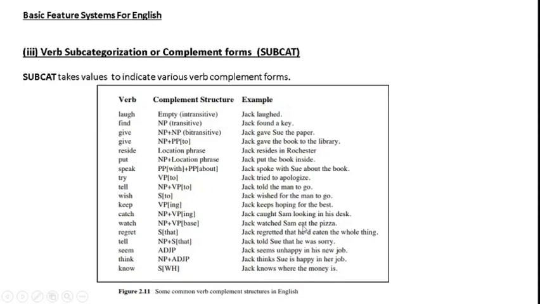After watched, we have a noun phrase Sam and a verb phrase containing eat the pizza, and eat is in base form, right? It is not eating or ate, it is just eat in its base form. Similarly you can go through this table and understand the various complement structures that are possible. This table is from your textbook, Natural Language Understanding by James Allen.